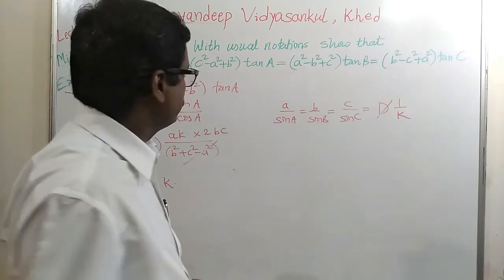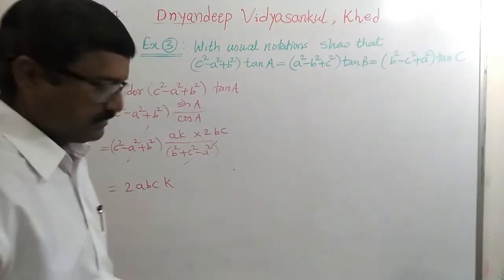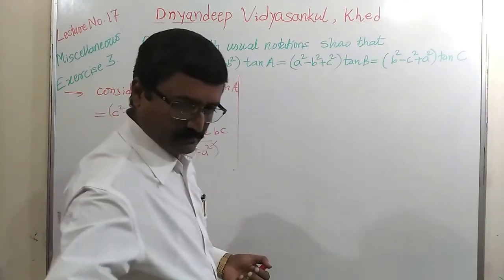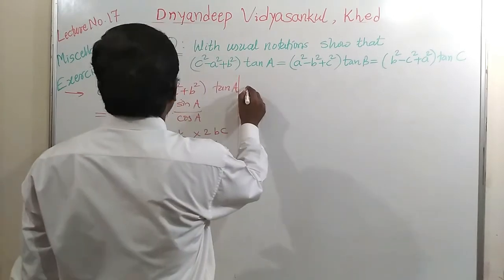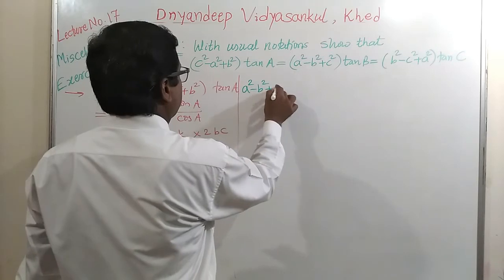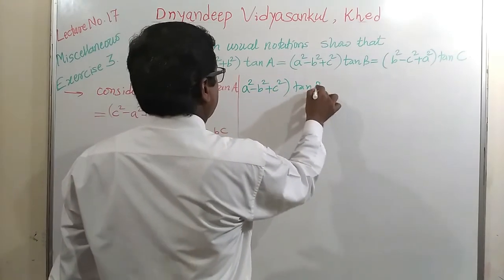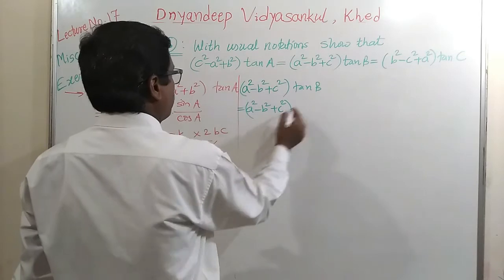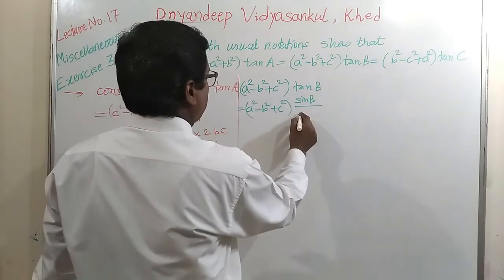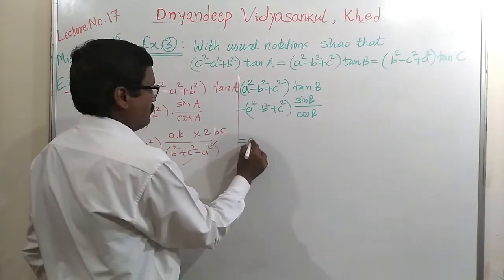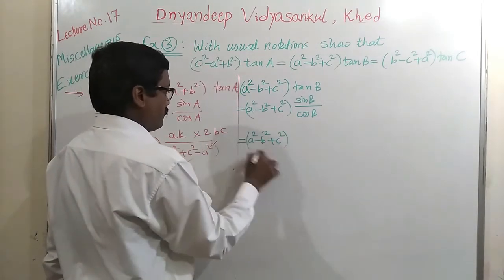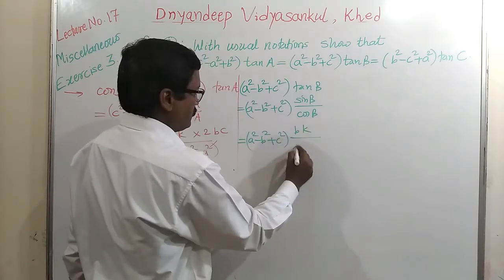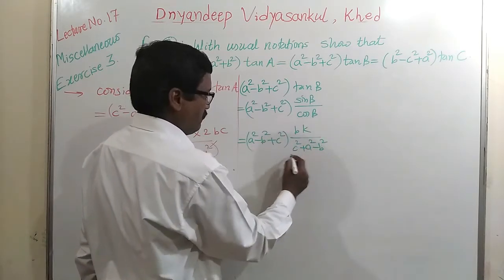Now see the second one. Second is (a square minus b square plus c square) into tan B, and it is equal to (a square minus b square plus c square) times tan B, which is nothing but sin B upon cos B. It is equal to (a square minus b square plus c square) into sin B, which is bK, upon cos B, which is (c square plus a square minus b square) upon twice ac.